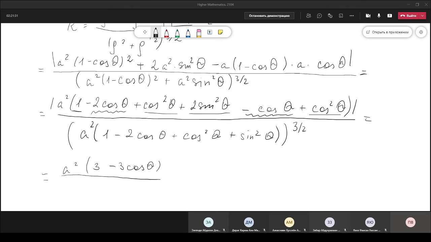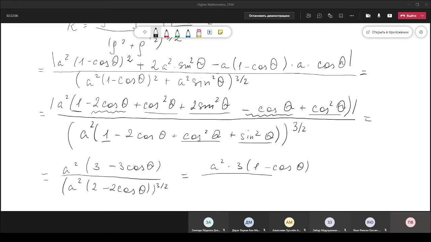In the denominator, a squared times cosine squared plus sine squared is 1. 1 plus 1 is 2. All of this degree 3/2. And we have what? A squared times 3 times 1 minus cosine theta.